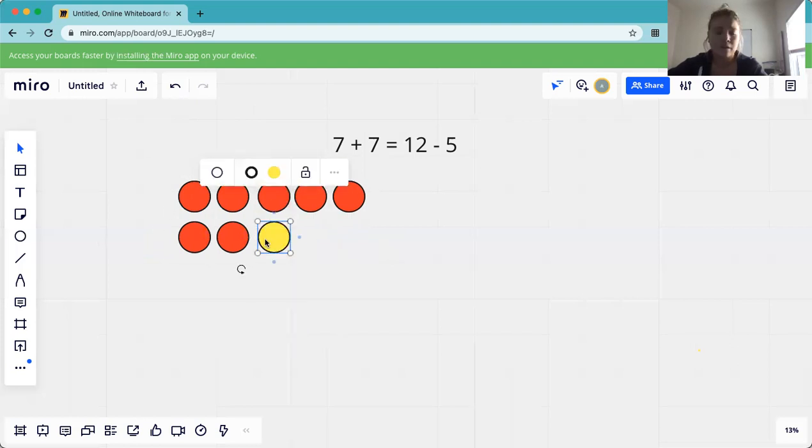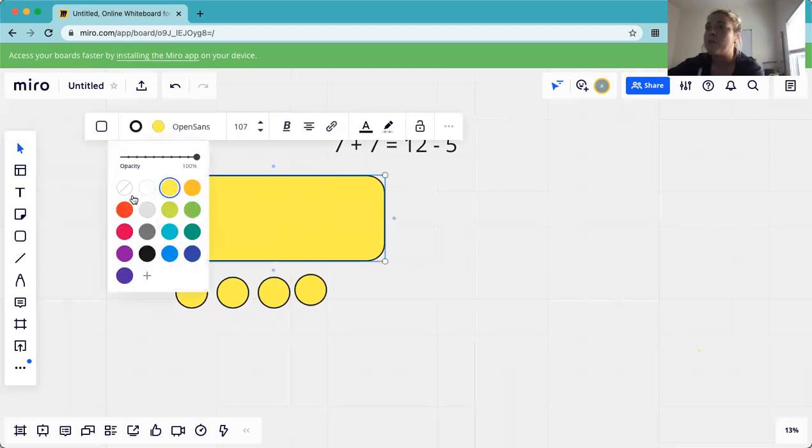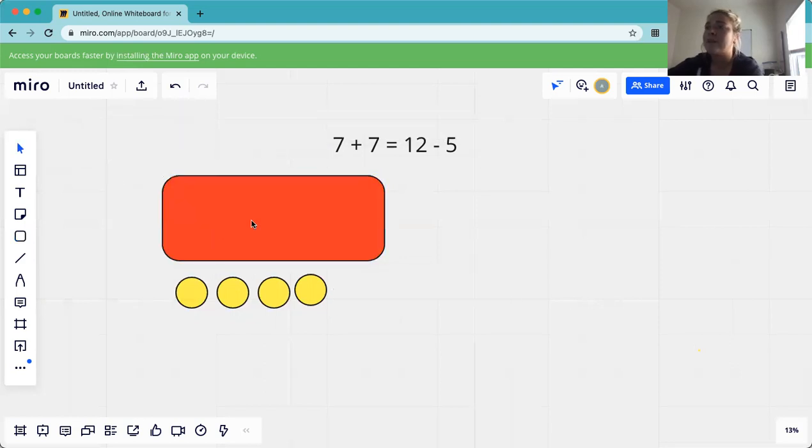So 1, 2, 3, 4, 5, 6, and 7. Remember, block off your group of 10 for it to be easier to count, to make sure that you have those 7 and the 7.